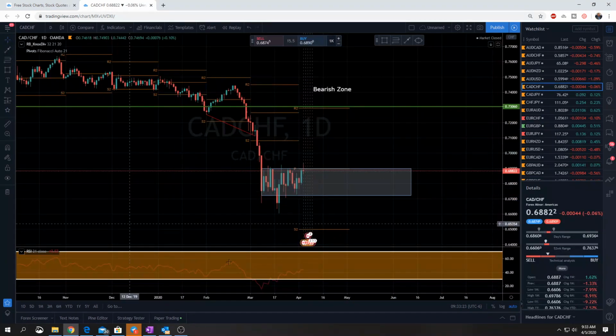CAD Swiss franc, still in our box, guys, from my podcast I did last Sunday, where we called this shelter in place strategy. You get this big move up or down and you see these ranges. It's simple support and resistance.